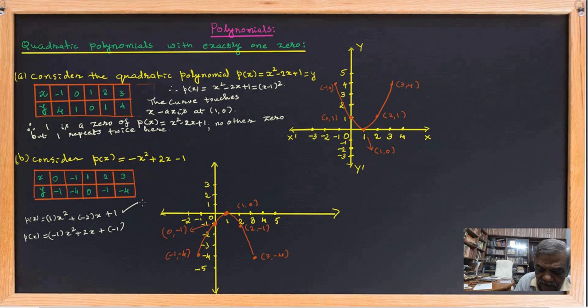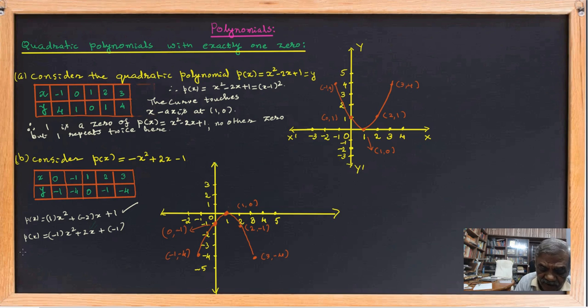Here 1 is positive and here minus 1 is negative, so the parabola opens up in the first case, and in the second case, with minus 1, the curve opens below.